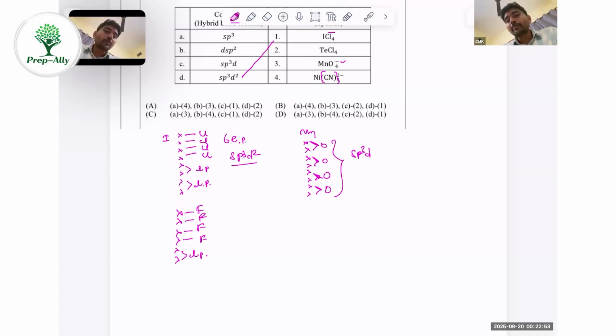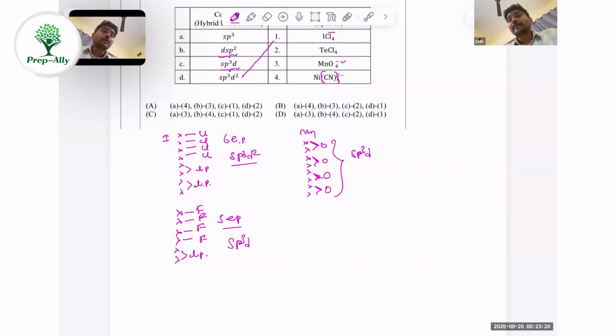So 1 lone pair and 4 bond pairs, total 5 electron pairs. Five electron pairs means the hybridization should be dsp2 or sp3d. dsp2 means only 4 electron pairs, sp3d means 5.